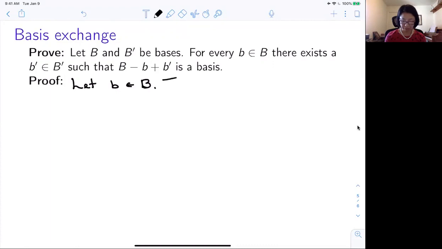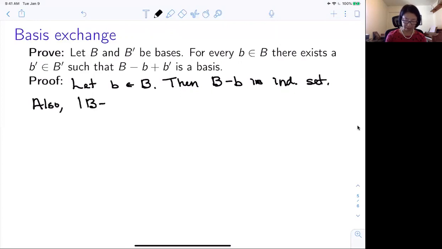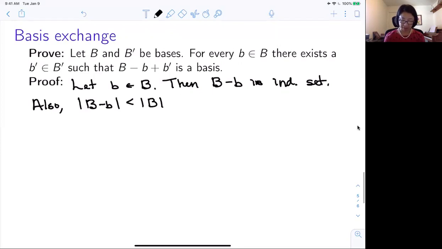So then B minus b is an independent set. Also, its size is strictly less than the size of capital B. And by part one, we showed that all bases have the same cardinality. So the cardinality of capital B is the same as the cardinality of B prime.